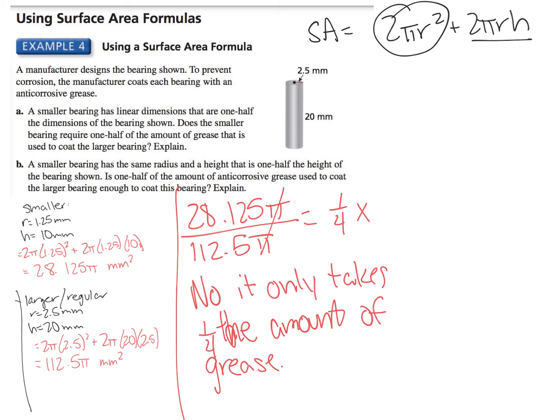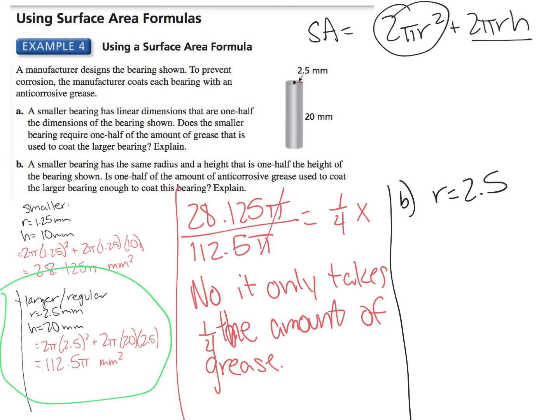So we want to know, is 1/2 the amount of grease enough to coat the larger one? We already have the larger one, so we're going to use this information and compare it with our second option where it has the same radius of 2.5. So for B, the radius of 2.5 is not changing, but the height is now only 10 millimeters. So we need to find the surface area of that.